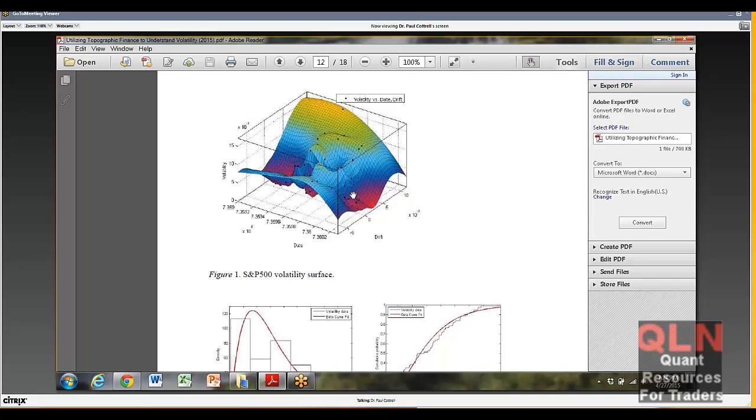So the first thing I see when I look at a surface is this: am I in a peak or am I in a trough? And if I'm in a trough, then I know that I'm going to be in a trough for a little while, qualitatively, before it starts to peak up again. Most people that look at volatility curves have that sense.